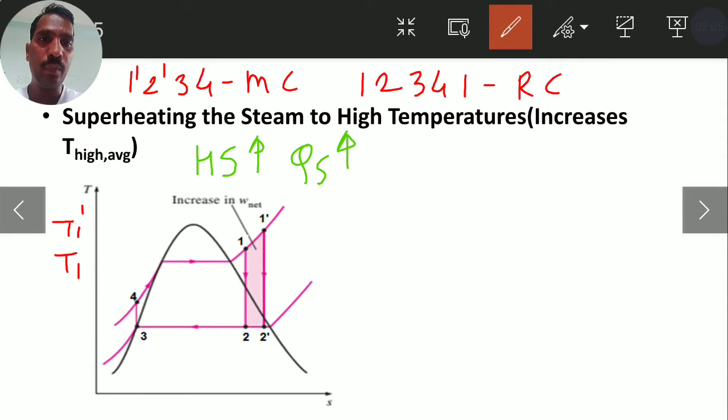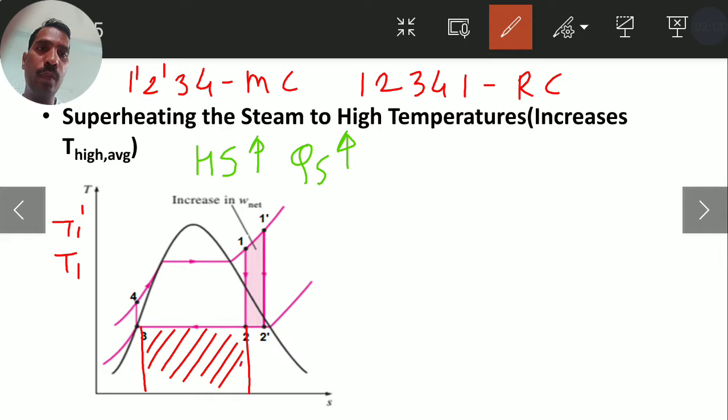We can see the area below the 2 to 3 process. This is the initial heat rejection for the reference cycle, and the area is increased by this green colored zone, which indicates that heat rejection also increases in the condenser.